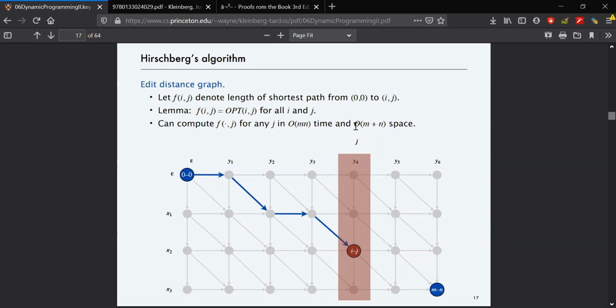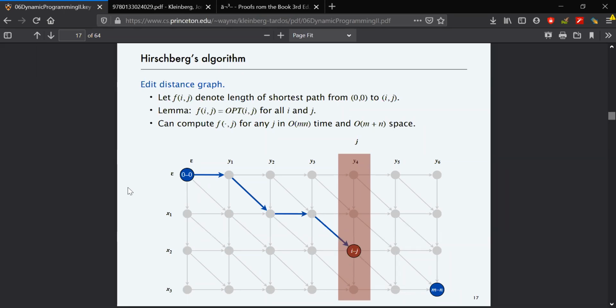The key thing to look at is space. If there was no constraint on space, then we saw earlier you can fill this entire thing in order mn time and order mn space. How much space do you need now? If I tell you just to fill the jth column, nothing else, how much space will you need? Any guesses? Any ideas?